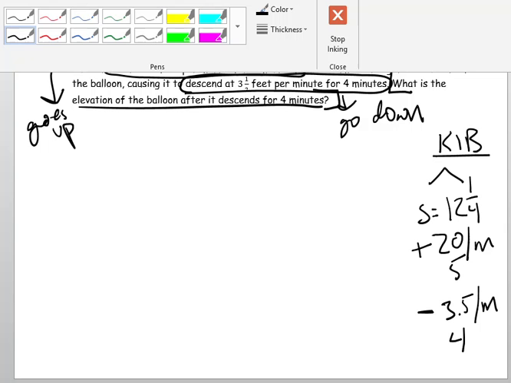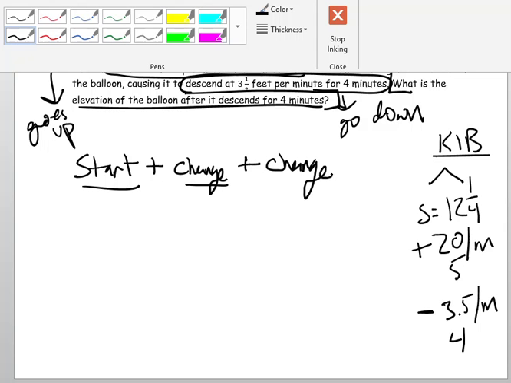All right, so let me write this over here. I have my start, plus my change, plus yet another change, is going to equal my end. So for my start, I'm going to do decimals here because we did fractions before.